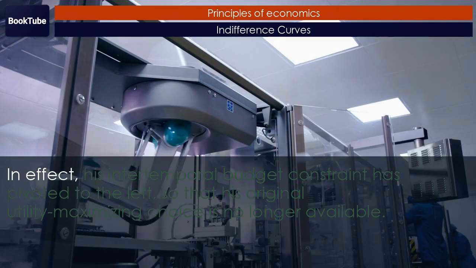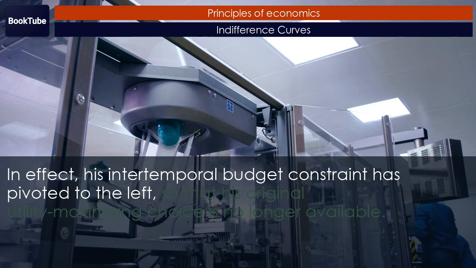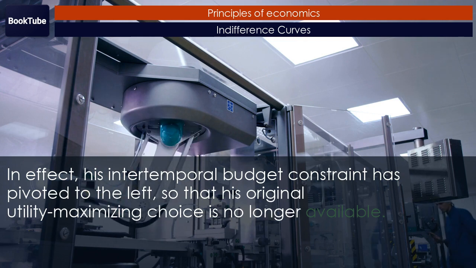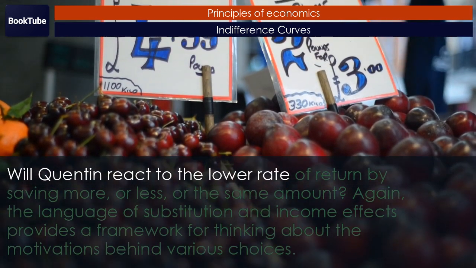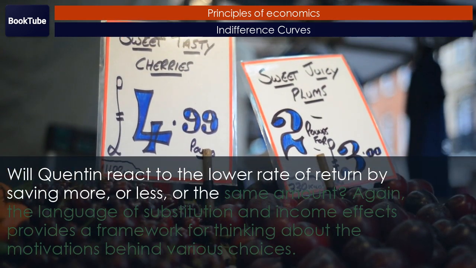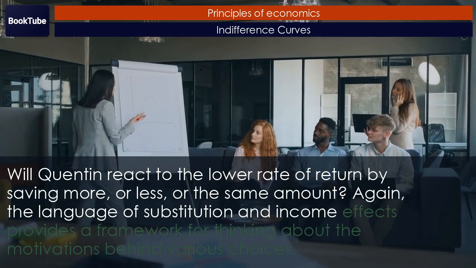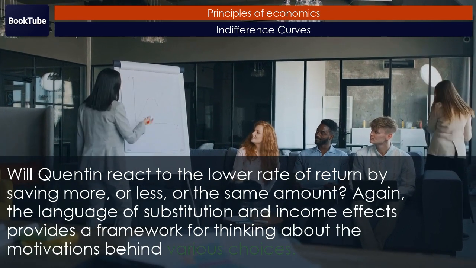In effect, his intertemporal budget constraint has pivoted to the left, so that his original utility maximizing choice is no longer available. Will Quentin react to the lower rate of return by saving more, or less, or the same amount? Again, the language of substitution and income effects provides a framework for thinking about the motivations behind various choices.